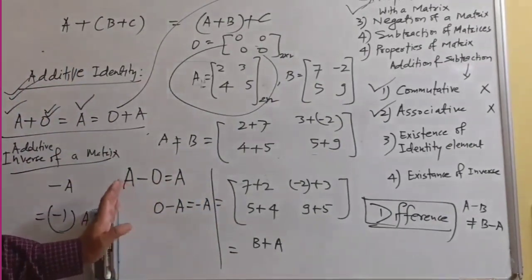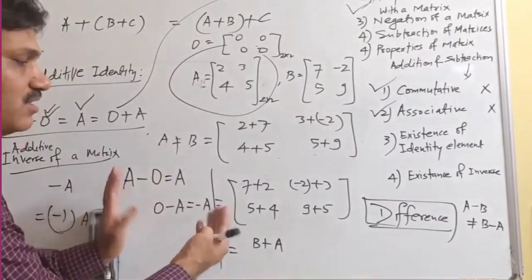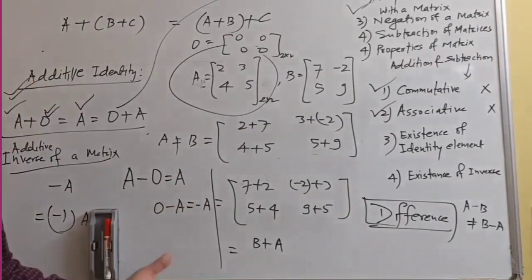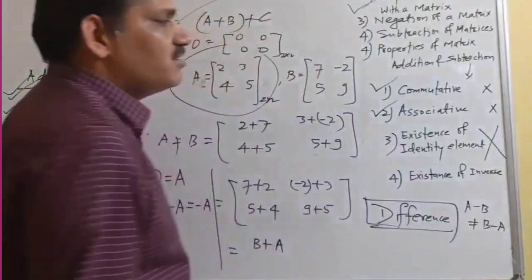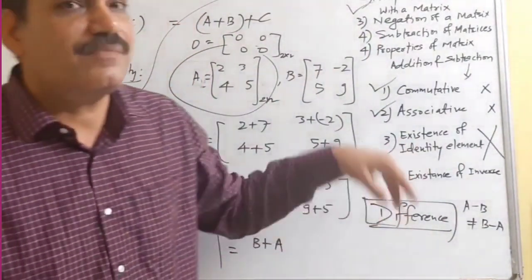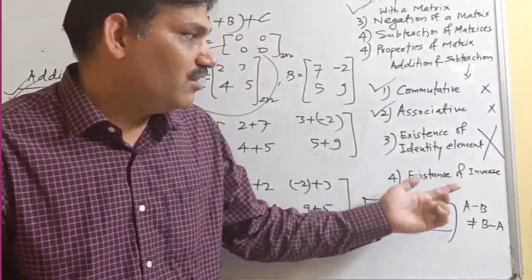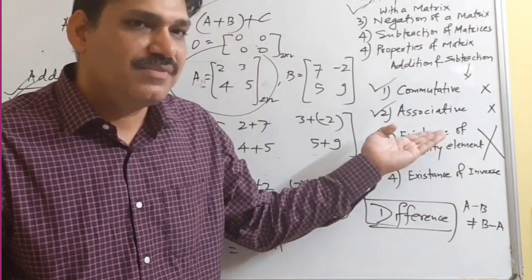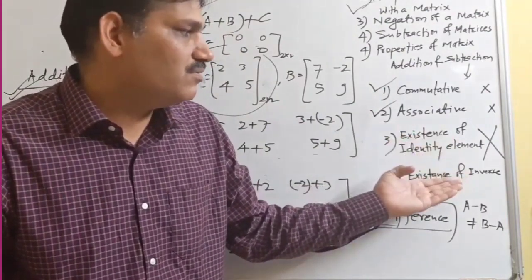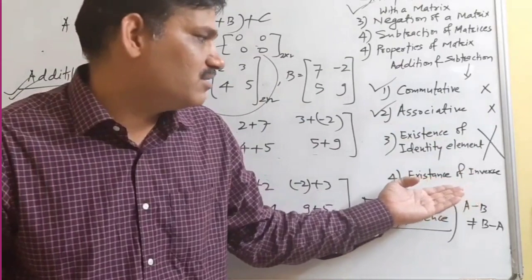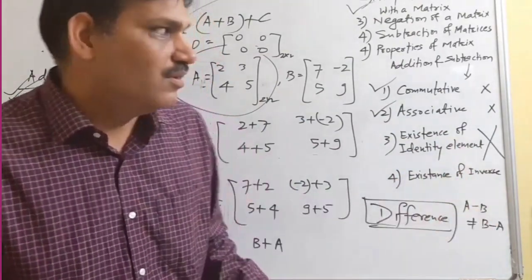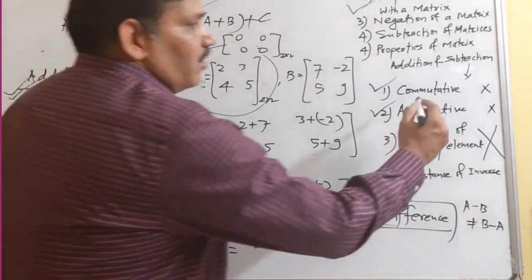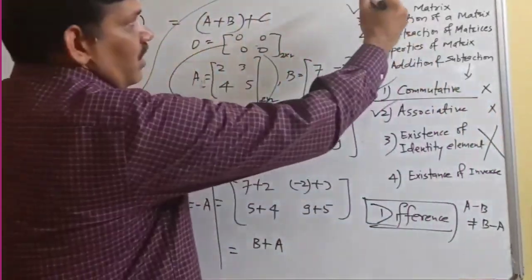That's why here the right identity exists, but the left identity does not exist. That's why we say the identity element does not exist for subtraction. Finally, since the identity element for subtraction does not exist, there is no chance of existence of inverse, that is subtractive inverse.